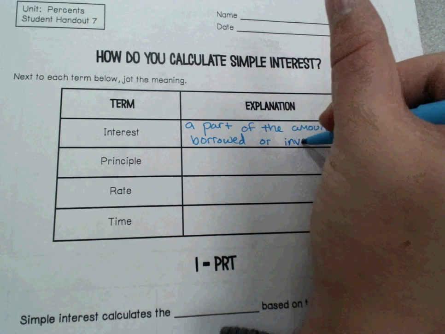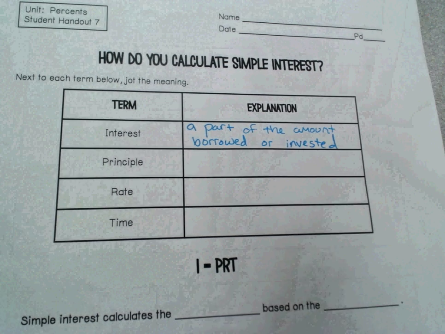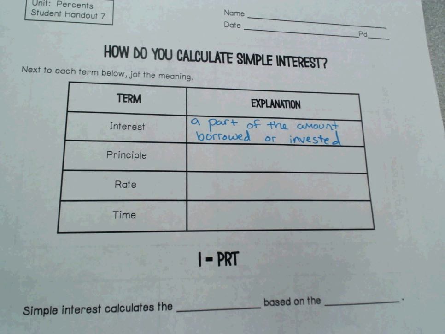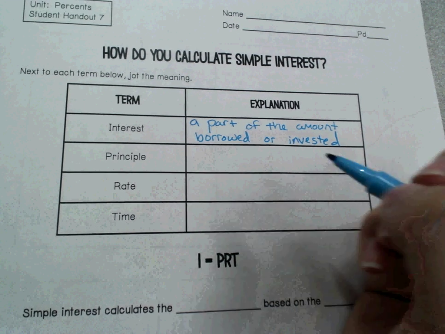If you borrow money, the interest that accumulates is what you have to pay back. If you invest something, the interest that adds up is the extra money you get back. So sometimes you have to pay it, sometimes you get it.